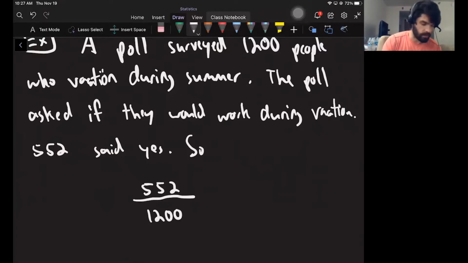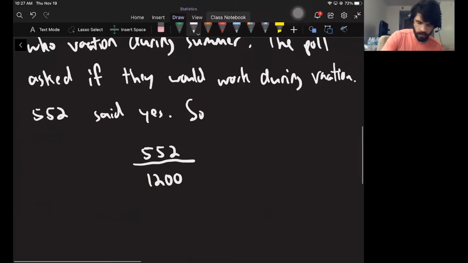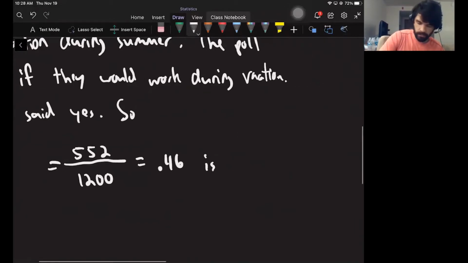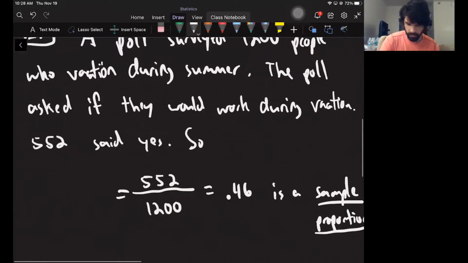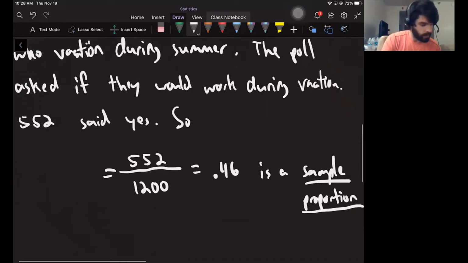It's actually a sample proportion, and then you could put it as a decimal if you'd like. This is an example of a sample proportion because it's coming from a poll. It's not coming from a whole population, it's coming from just a sample of 1,200 people.